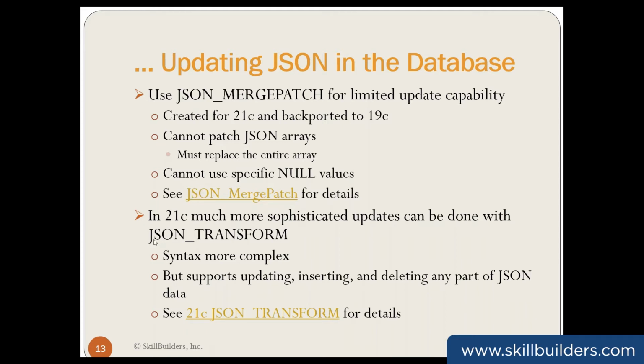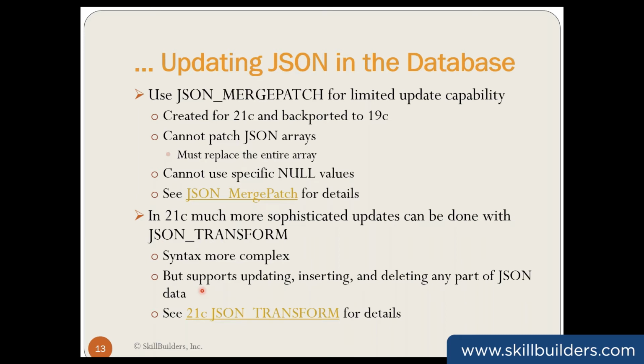The real solution came in 21 when we get to the next function that was released, which is called JSON transform. More complex, but it supports updating, inserting, and deleting any part of any data. You can go into an array and delete one of the pieces of the array.